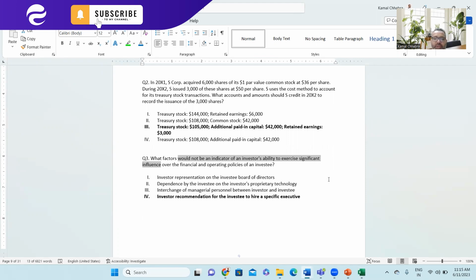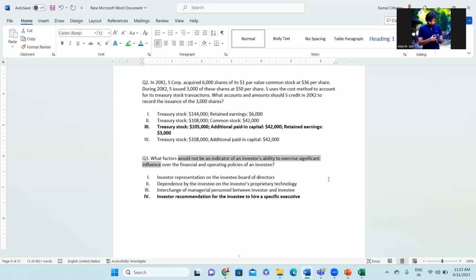Make sense? Why is the fourth answer correct? Yes, sir. Clear. What is the call of the question? Sir, the call is that which would not be considered as investor's ability to exercise significant influence.